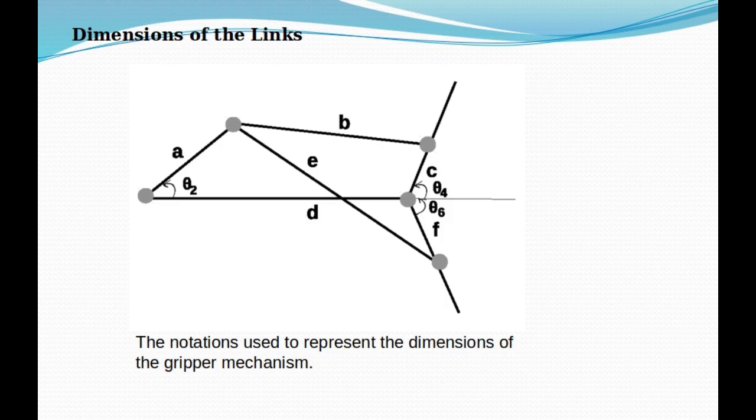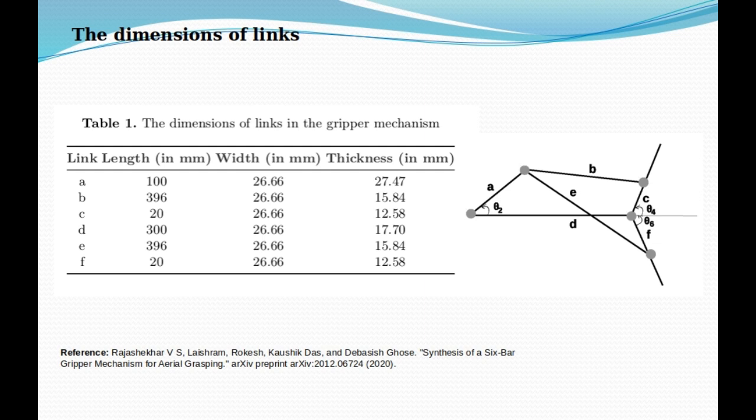The dimensions of the links are as follows. The notation used to represent the dimensions of the links of the gripper mechanism is given. A, B, C, D forms a loop, and A, E, F and D forms another loop. The dimensions of the linkages were presented in the earlier work and can be found in the reference at the bottom.